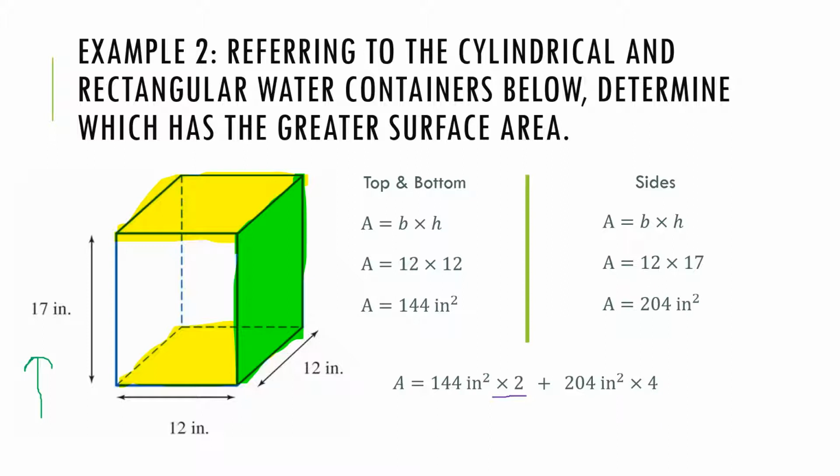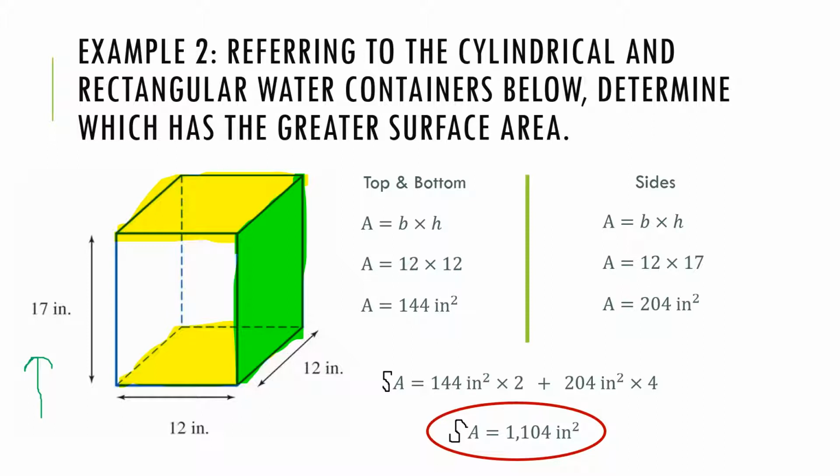So if you multiply this out, we have surface area equals 144 inches squared times 2 plus 204 inches squared times 4, which gives you surface area equals 1,104 inches squared. Now, like I said, if it helps you distinguish these, you could call this surface area instead of just area or just A.